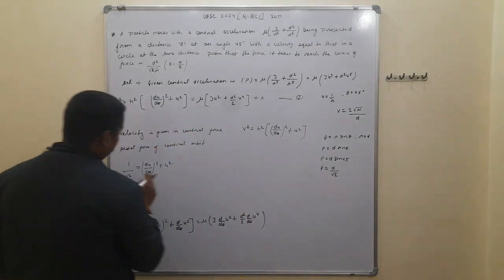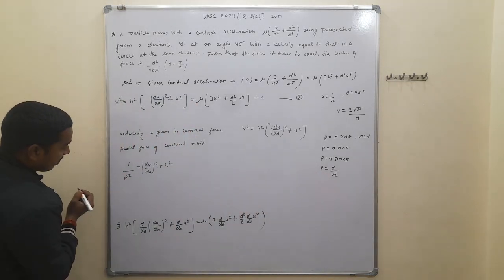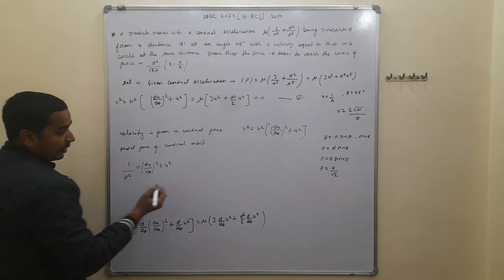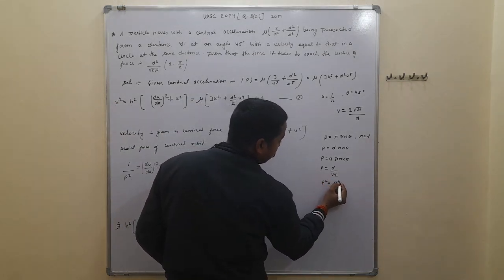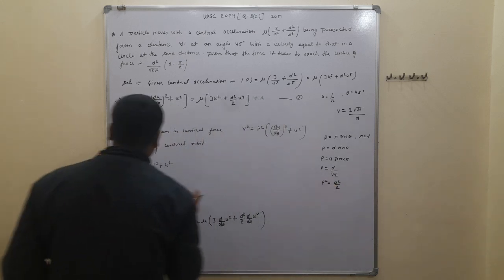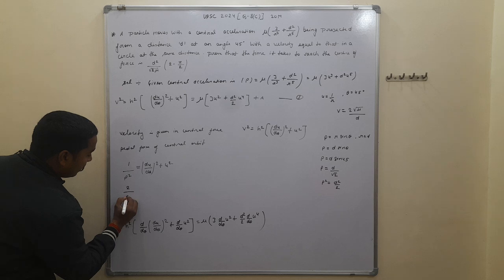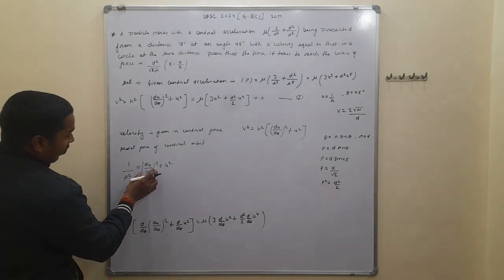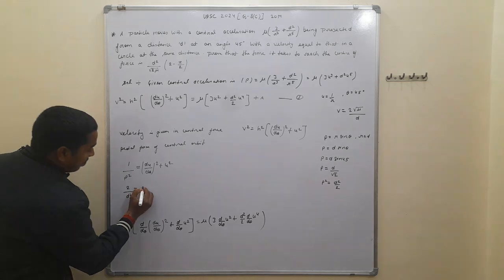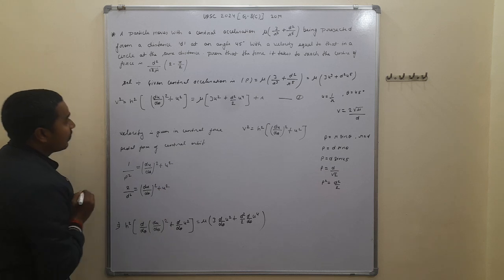When putting the value of p, on squaring, p square is equal to d square upon 2, and 1 upon p square is 2 upon d square, equal to (du upon d theta) whole square plus u square.